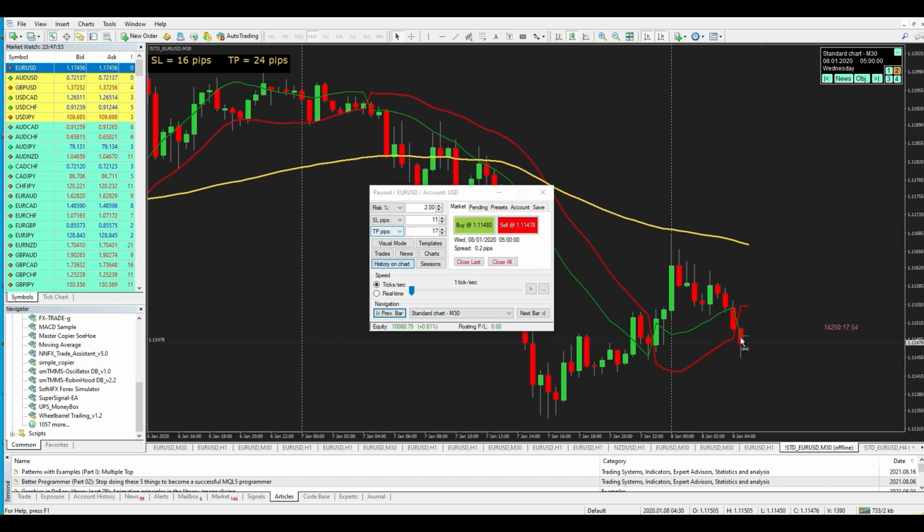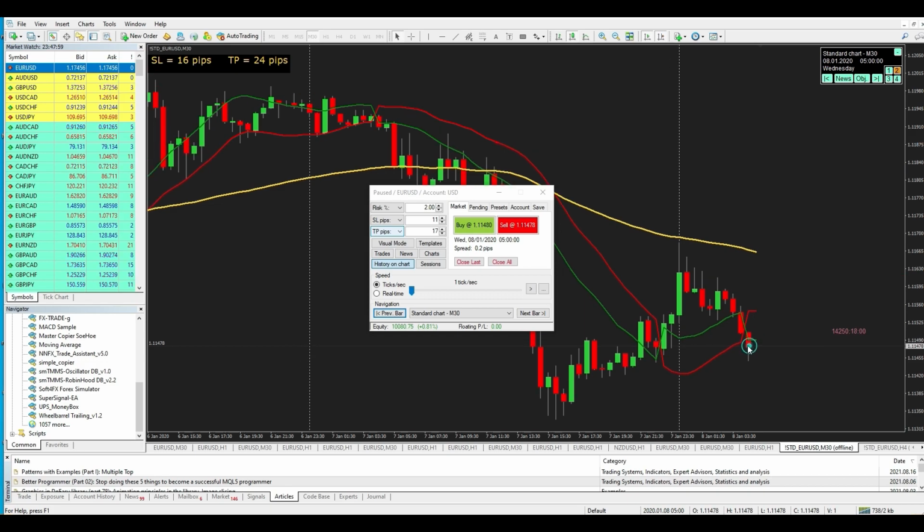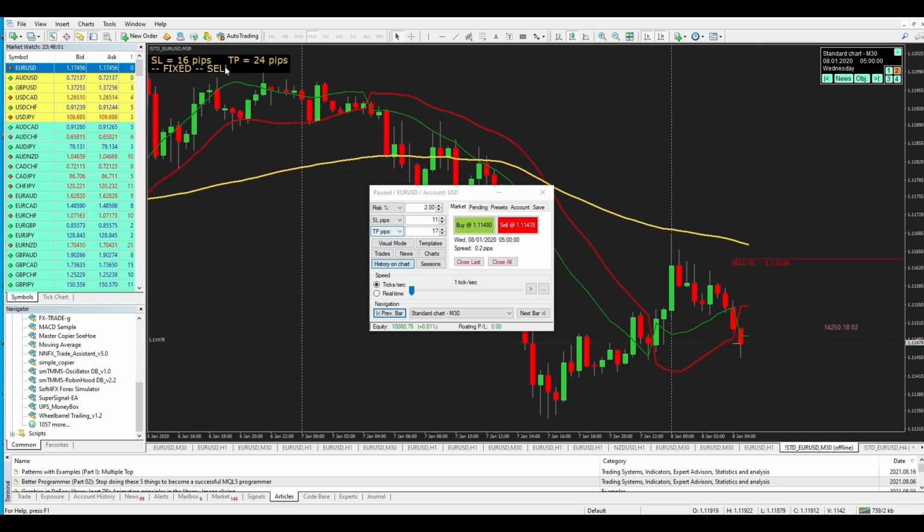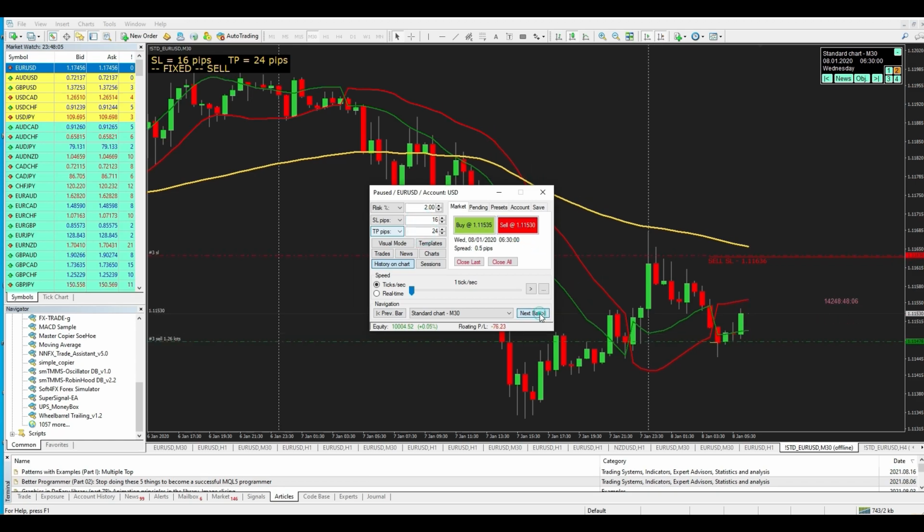Okay. We have a sell here. Price below 95 and red above green. So we just double click here. So we sell.